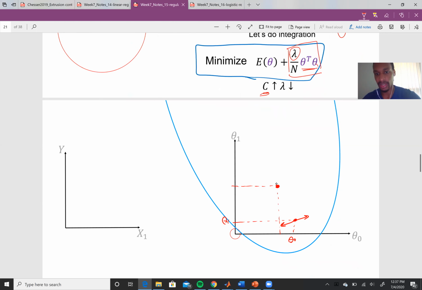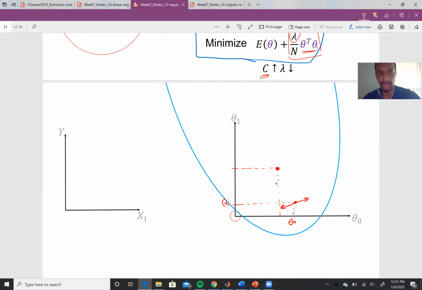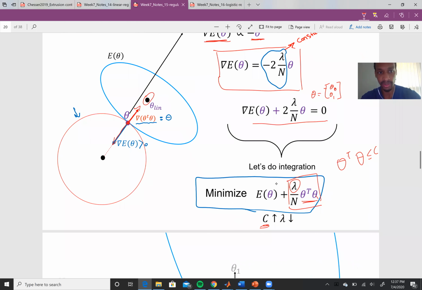As your C gets larger, you get closer and closer to this point. If it gets large enough that you pass it, then that point is within your C, and you'll just always choose that point, and you would take out the regularization effect. So you have to choose your C, or your lambda, strategically, such that you're not also encapsulating the optimal or minimum point.